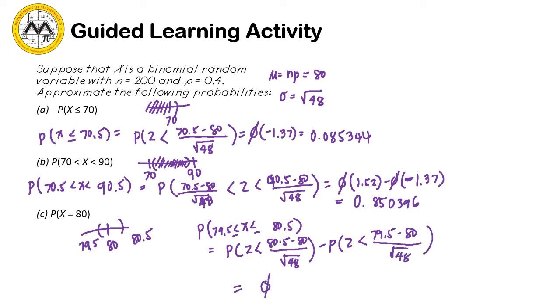So this is phi of 0.07 minus phi of negative 0.07.